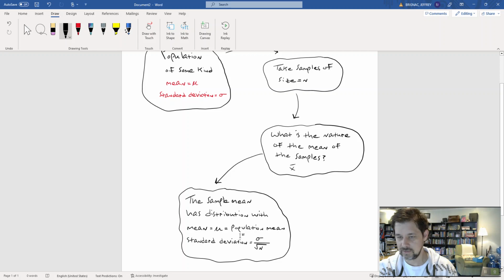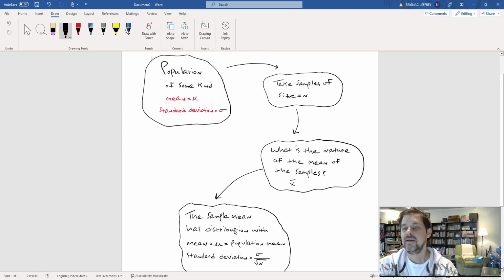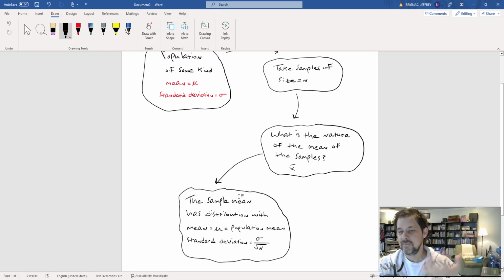That's what the mean and the standard deviation tell me. I understand there are a lot of layers to that: the population versus the sample, then you take the mean of the sample, and the sample mean has its own average and its own spread. But that's the way it goes.